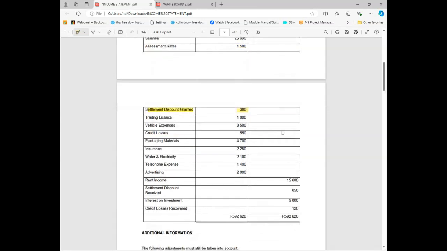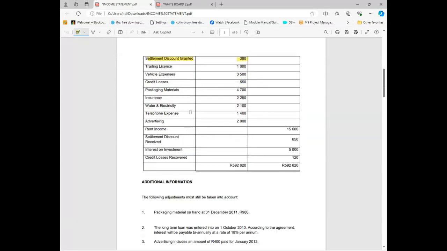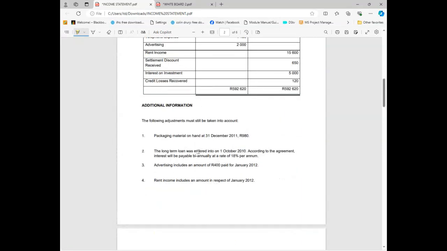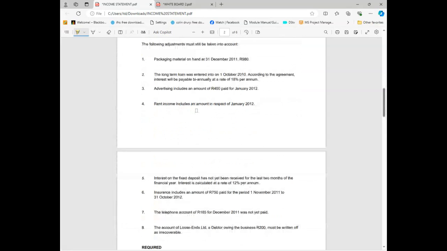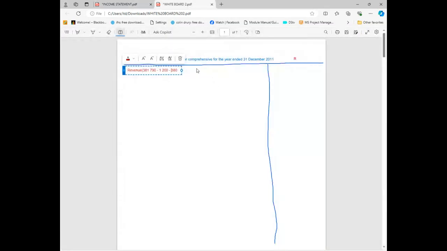And then what else do we have? Nothing else. We can also check from the information here, just in case. Can you see now? There's no adjustment that we spoke about. Meaning, so far so good. And then we just have to close brackets and check how much is our sales revenue.